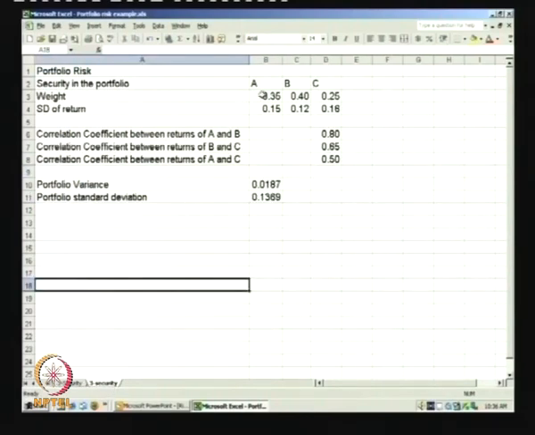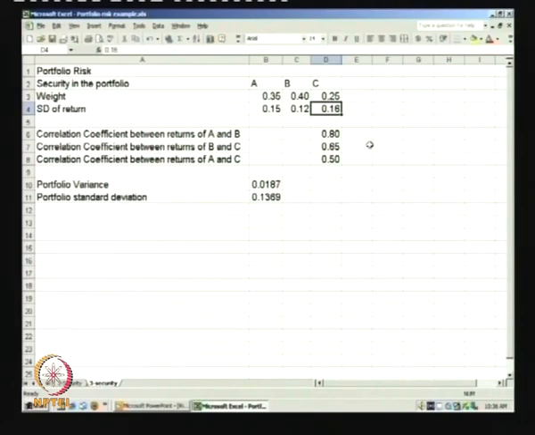In a 3 security portfolio, what do we need? We need the weights involved in the 3 securities, we need the standard deviations of the 3 securities, and we need the correlation between A and B, B and C, and C and A, all the combinations of assets. Then accordingly the variance can be found with this input. In the 3 asset portfolio where 35% is A, 40% is B and 25% is C, the total is 100%.